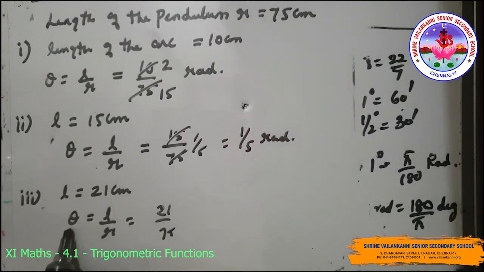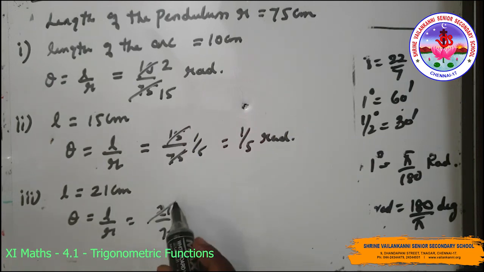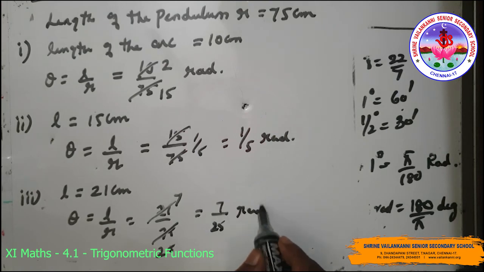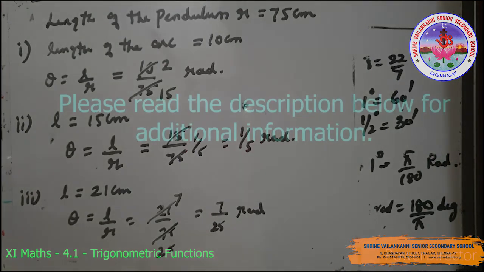Using the same relation theta equal to L by R, L is 21 centimeter and R is 75 centimeter. So theta equal to 21 by 75. So 3 7s are 21, 3 into 25. So which is equal to 7 by 25 radians. So theta is 7 by 25 radians.